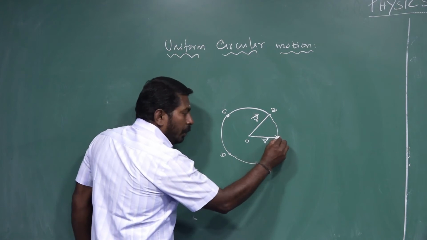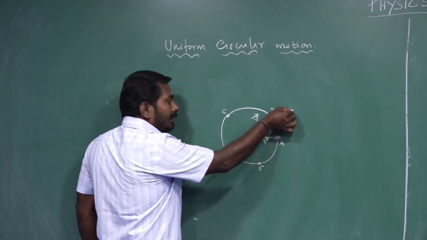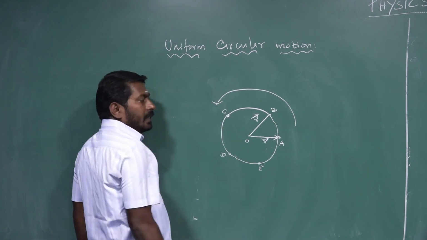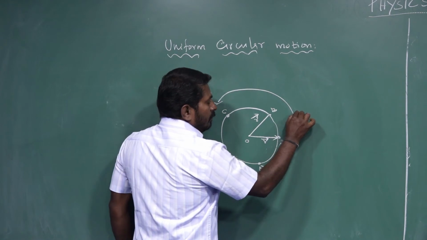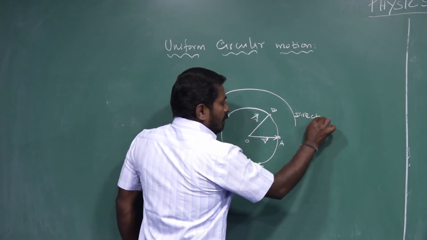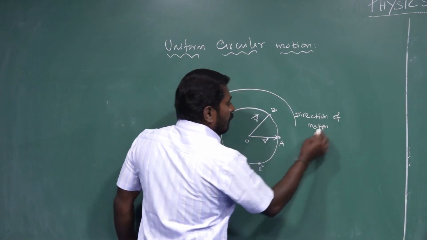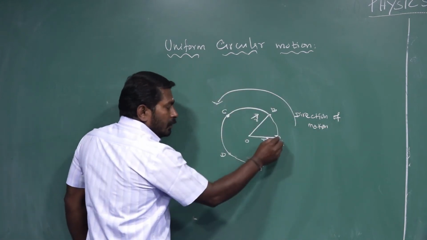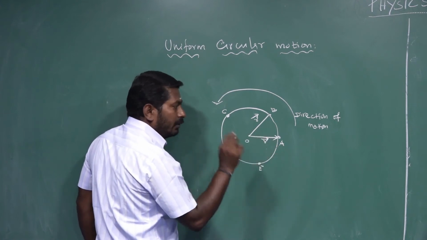See, at this point A, I assume the point object is moving in the anti-clockwise direction, that is the direction of motion of the object. So at the A point, the speed of the point object is a particular speed.